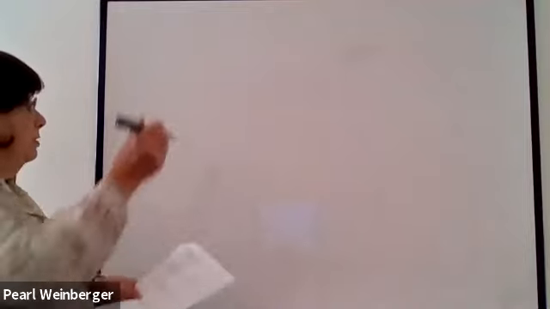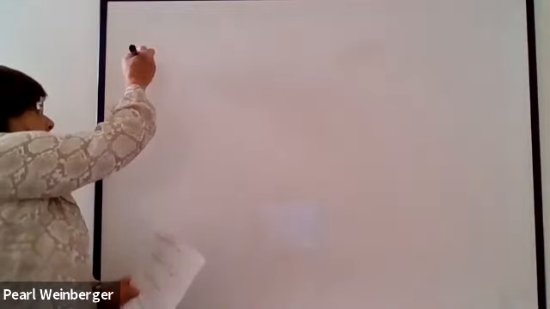Okay, so let's start first with a few examples of the type that we were doing the other day. We were talking about writing equations of lines, and let's take an example that looks like this.